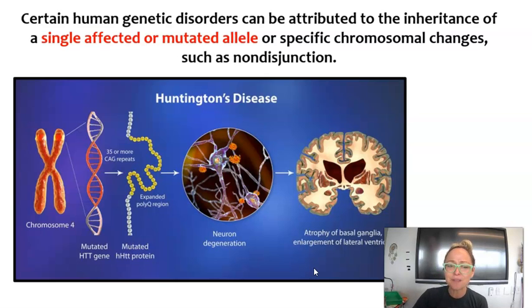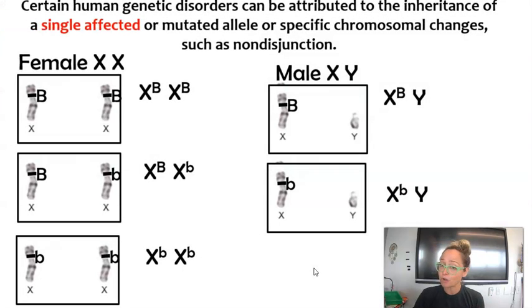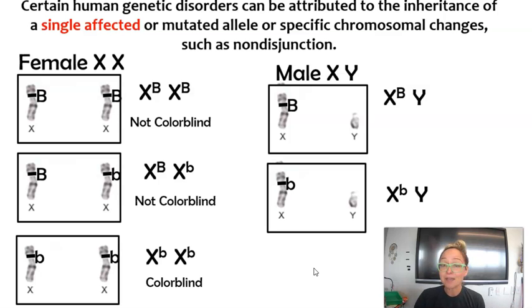Okay, and now we're going to move into talking about traits on X chromosomes, so sex-linked traits. I don't really consider colorblindness to be a disorder, but it is a human condition that can be inherited, right? Females who are homozygous dominant or heterozygous would not be colorblind, but if they're homozygous recessive, they are colorblind.